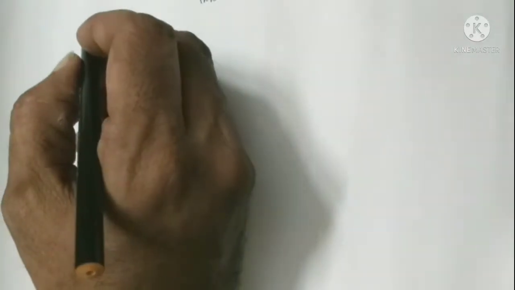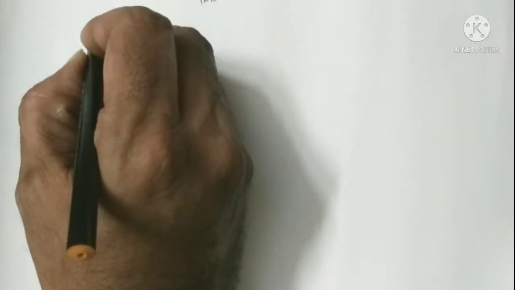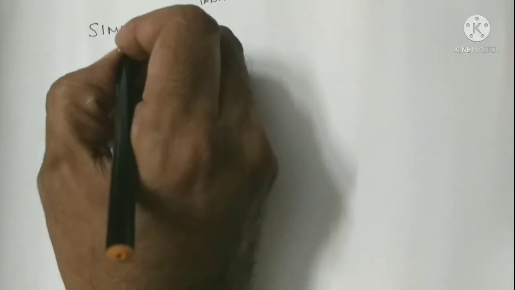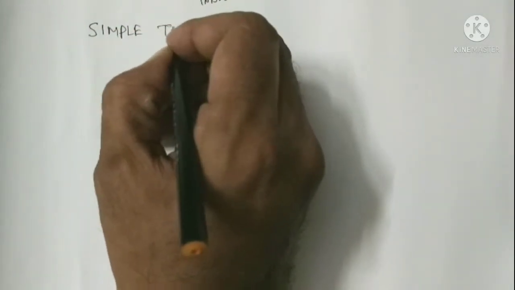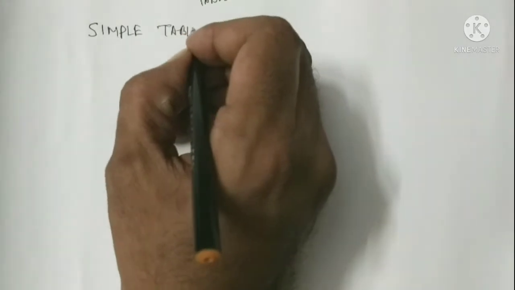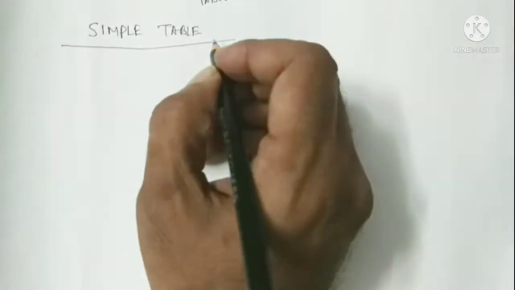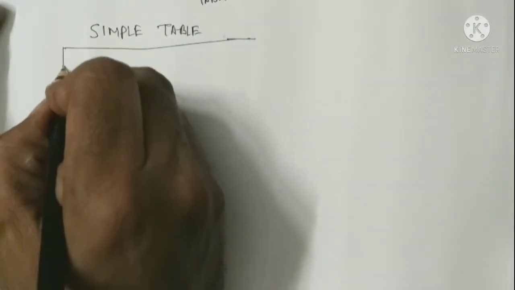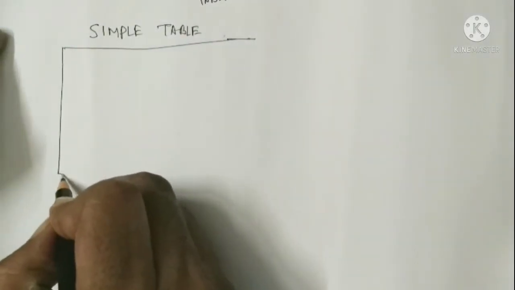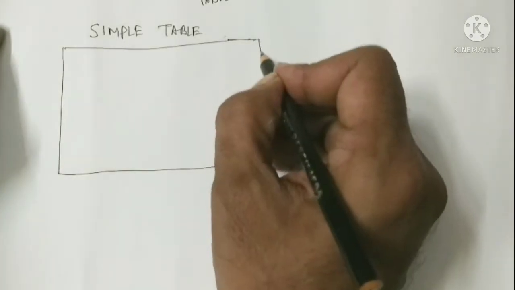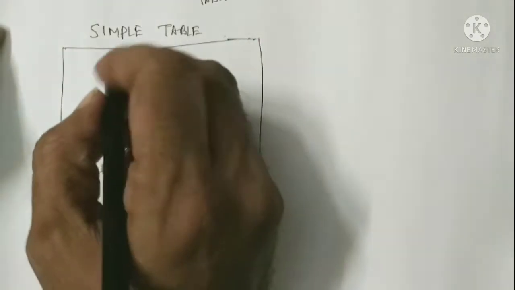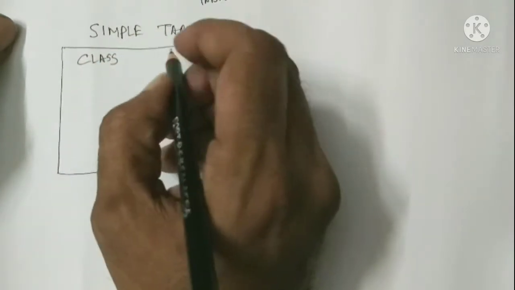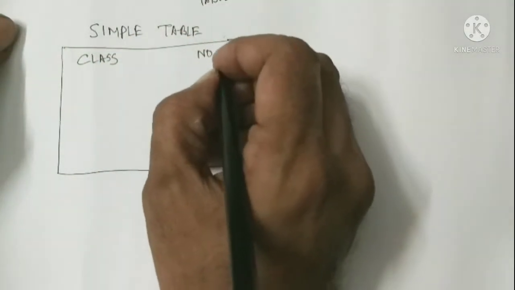Now first we demonstrate simple table. Simple table has just a simple structure. Suppose we present here class and number of students.